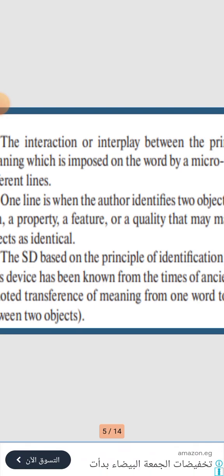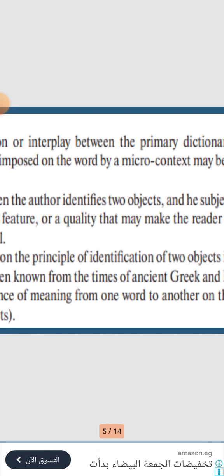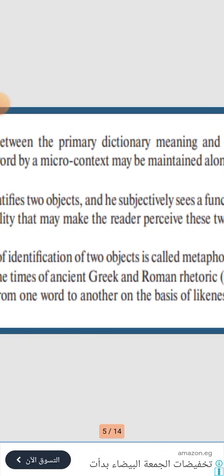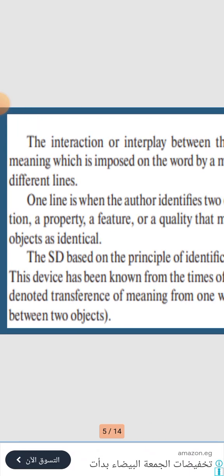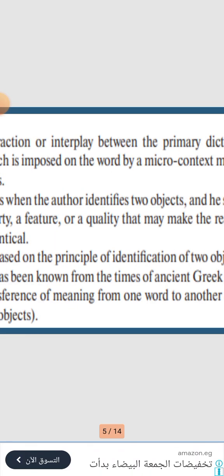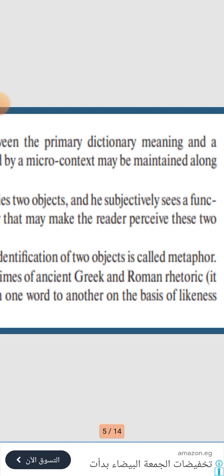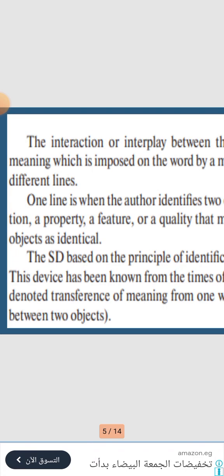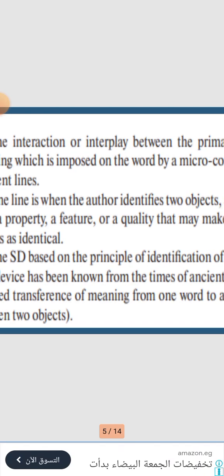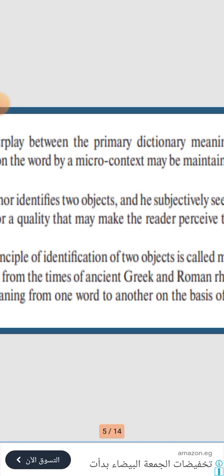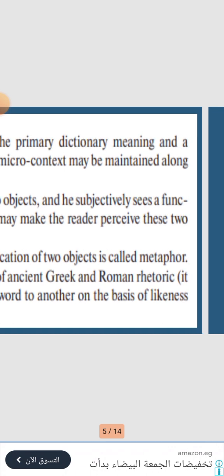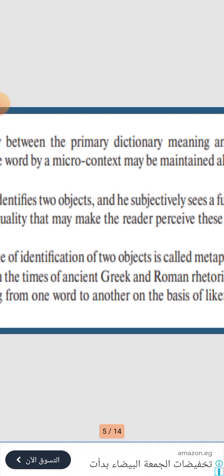One line is when the author identifies two objects, and the subjectivity sees a function, a property, a feature, or a quality that may make the reader perceive these two objects as identical. The stylistic device based on the principle of identification of two objects is called a metaphor.